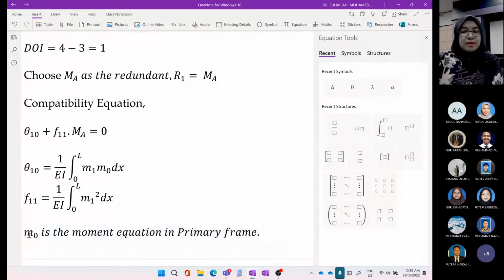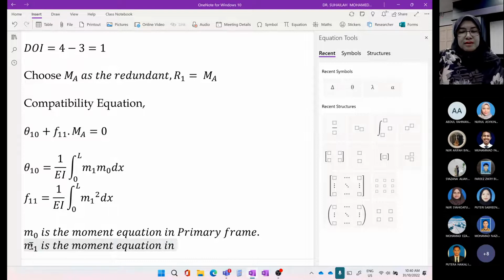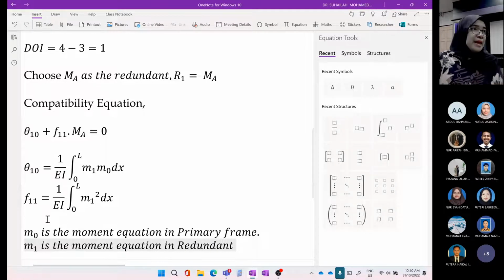What is M1? M1 is the moment equation in the redundant MA applied frame.